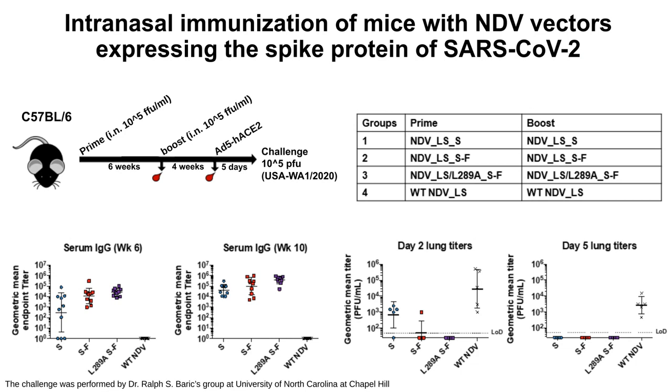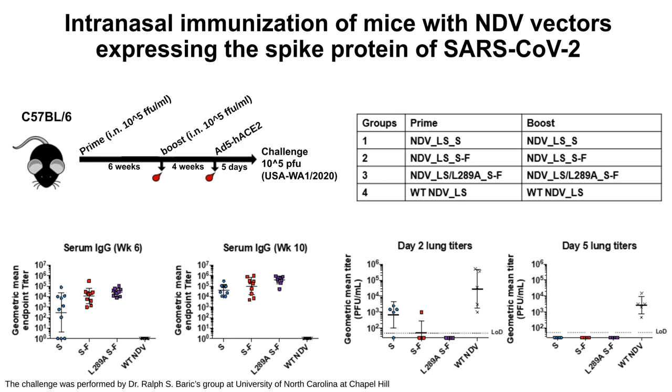All right, so this is intramuscular. We have also performed intranasal immunizations using the same vectors, and in these intranasally immunized mice, we see nice levels of antibodies in sera at week 6 and week 10 after boosting.